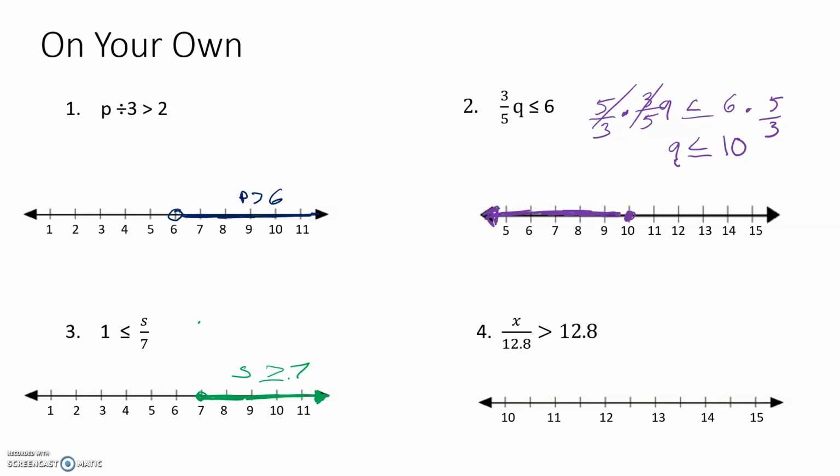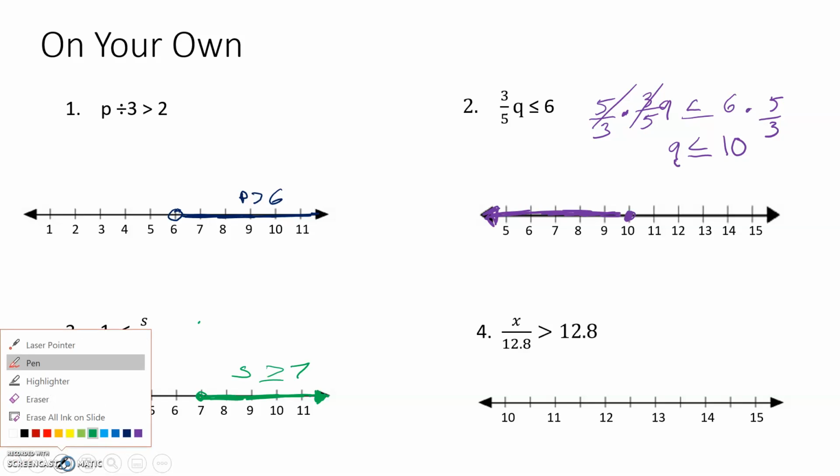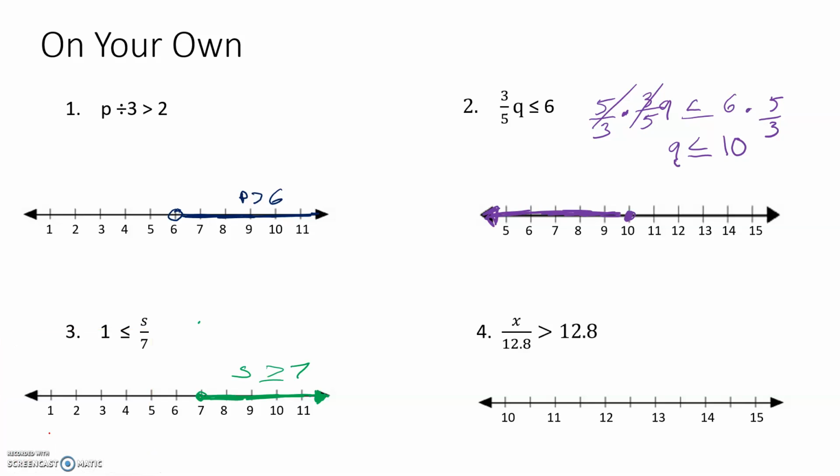All right, and number 4. So this is the same thing, but with a decimal. I'm going to multiply both sides by 12 and 8/10, so x divided by 12 and 8/10 is greater than 12 and 8/10.